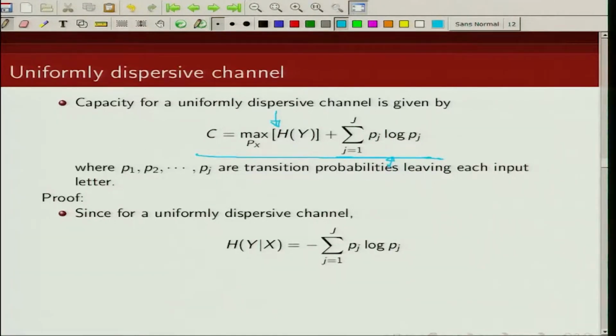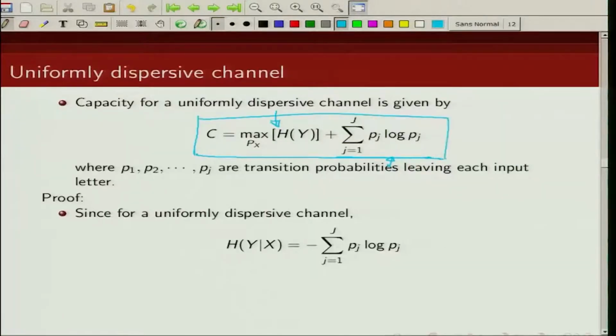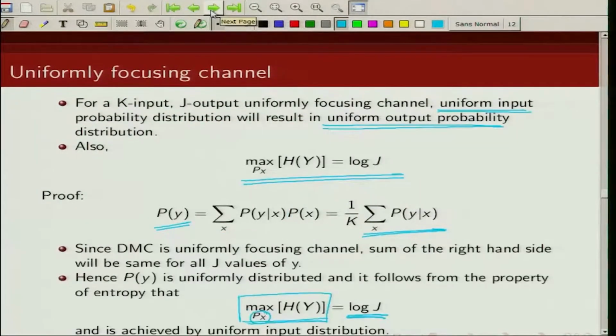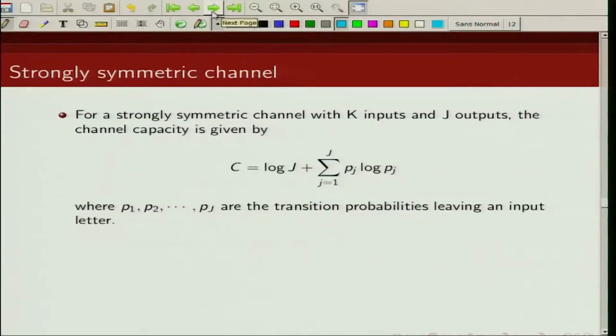Since a strongly symmetric channel is both uniformly focusing and uniformly dispersive, we know exactly the expression for channel capacity for a strongly symmetric channel. This will be log of j plus summation of pj log pj. So, the expression for capacity for the strongly symmetric channel is given by this expression.